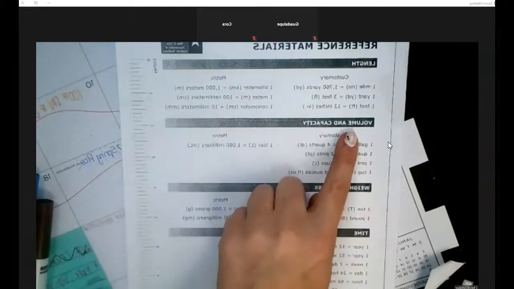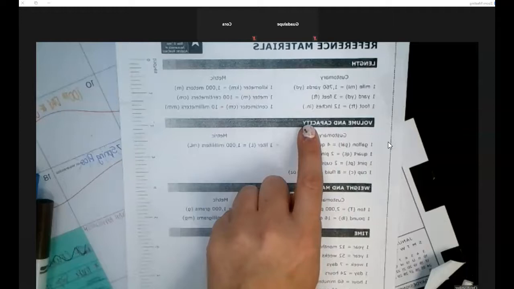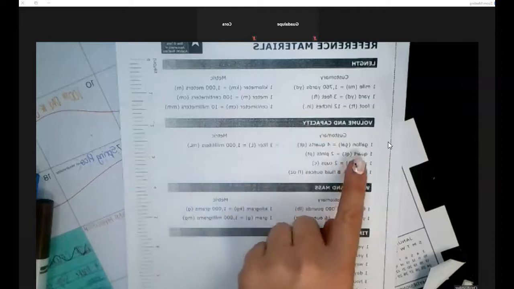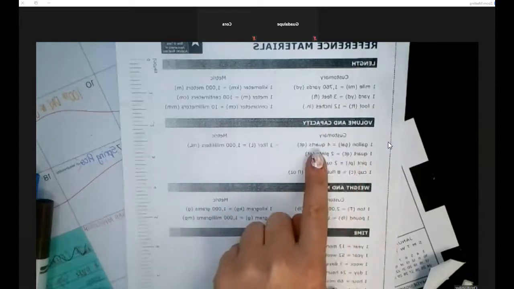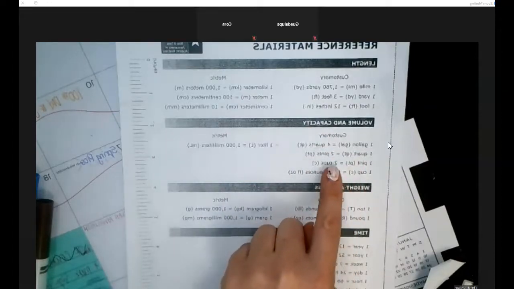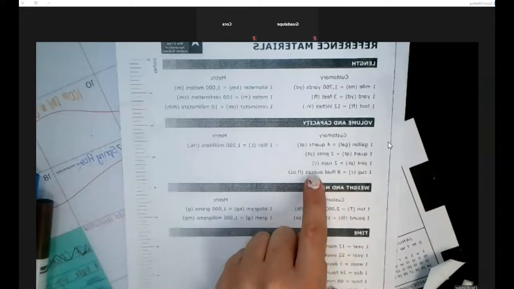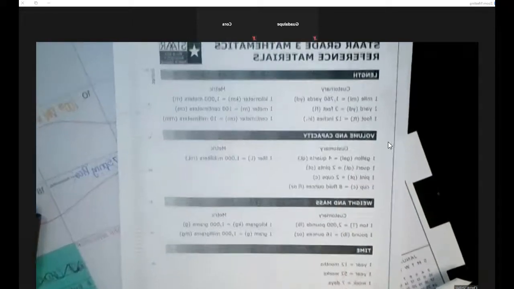Okay? Volume and capacity. We know volume and capacity means what? Liquid. Thank you, Aaliyah. Volume and capacity has to do with liquid. So here you will find gallons, quarts, pints, cups, and fluid ounces. Not ounces, but fluid ounces.